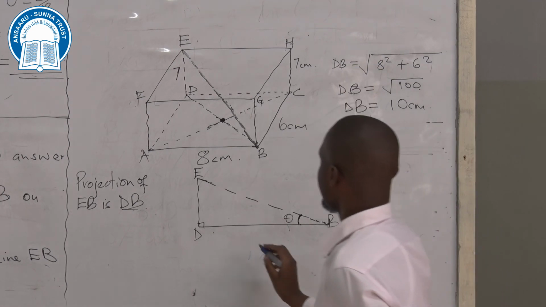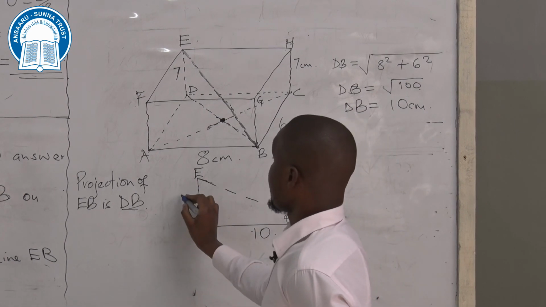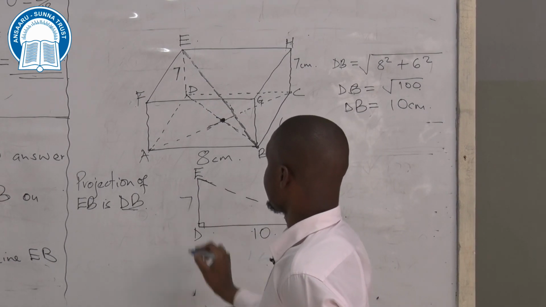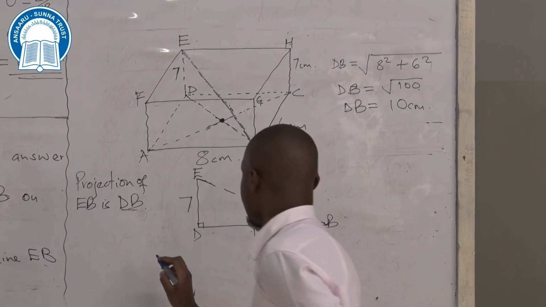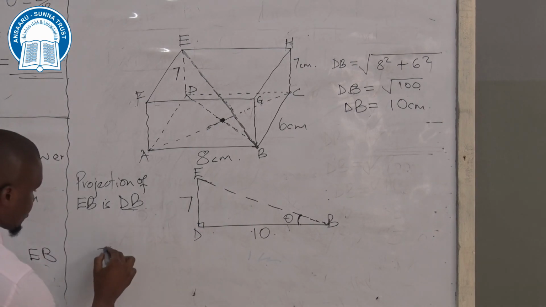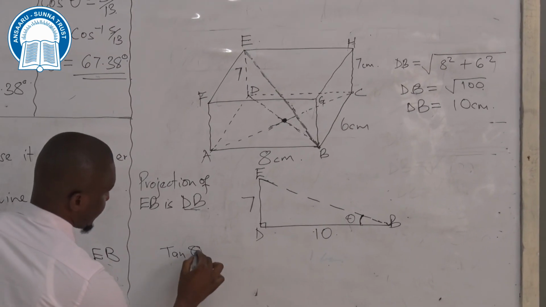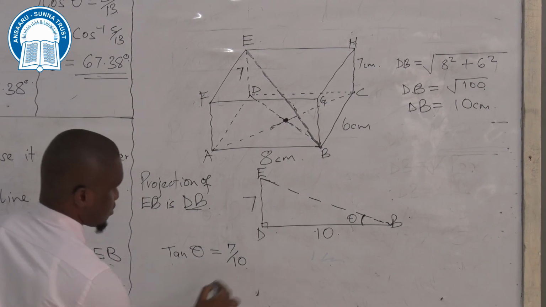And how do we get it? We have said DB is now 10, and our height there is 7. If you are keen enough, then it simply means that theta here is related to 7 and 10 in terms of tan theta will be the same as 7 over 10.